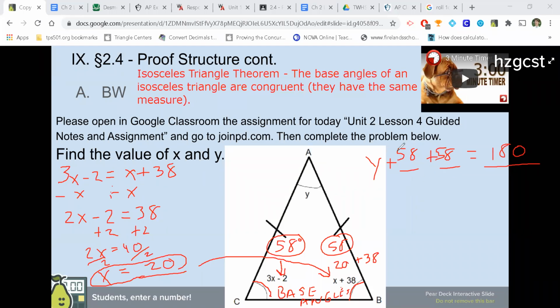The triangle angle sum theorem tells you that the 3 angles of a triangle add together to equal 180. So to solve this for y, I would combine like terms. 58 plus 58 is 116. Subtract 116 from both sides, and you get 64.